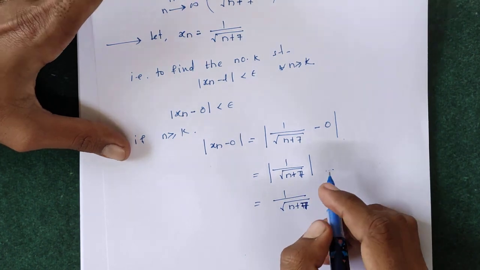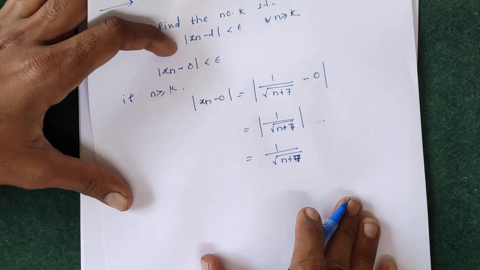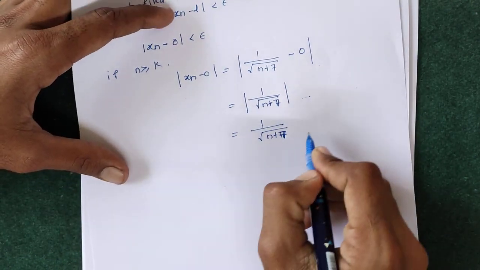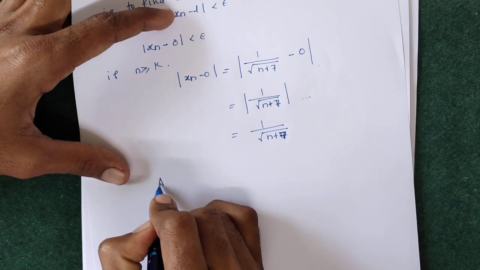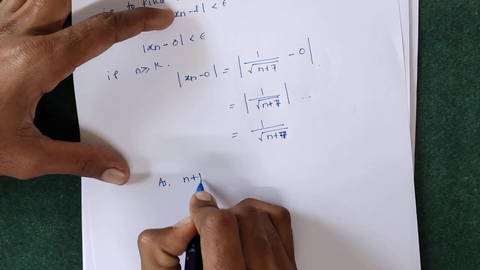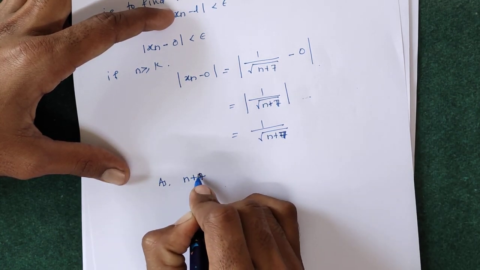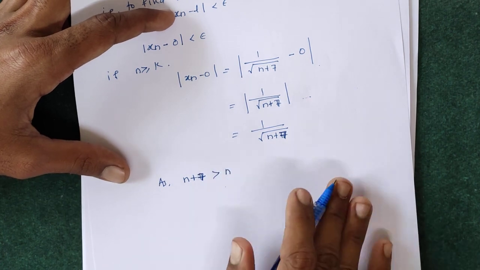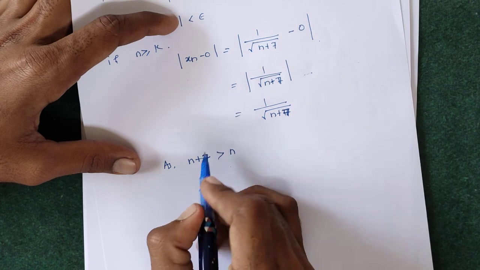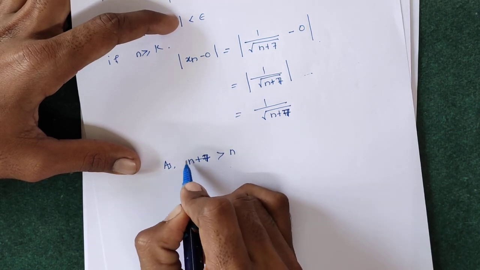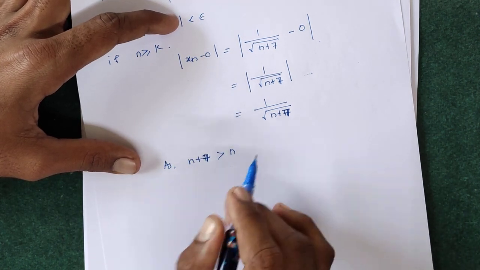So we have 1 upon square root of n plus 7, and clearly n plus 7 is greater than n, since we are adding 7 to n.